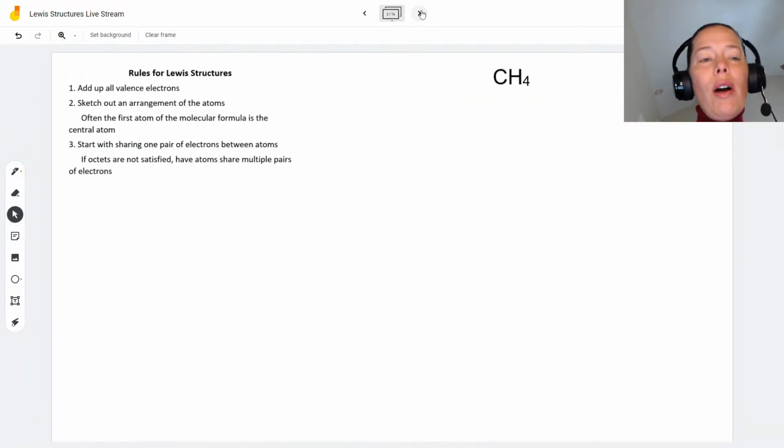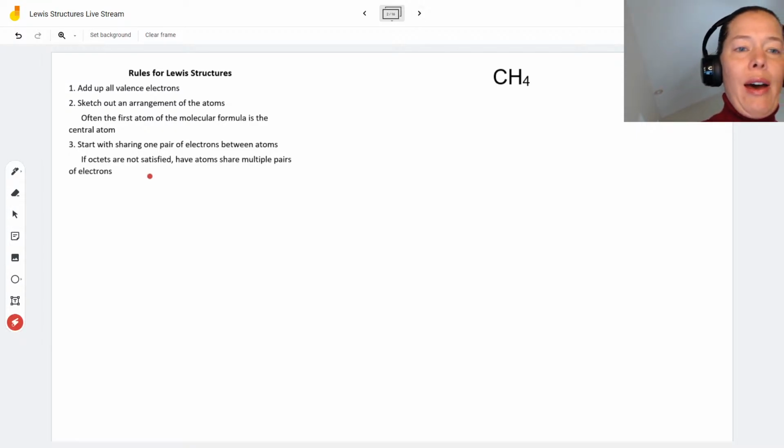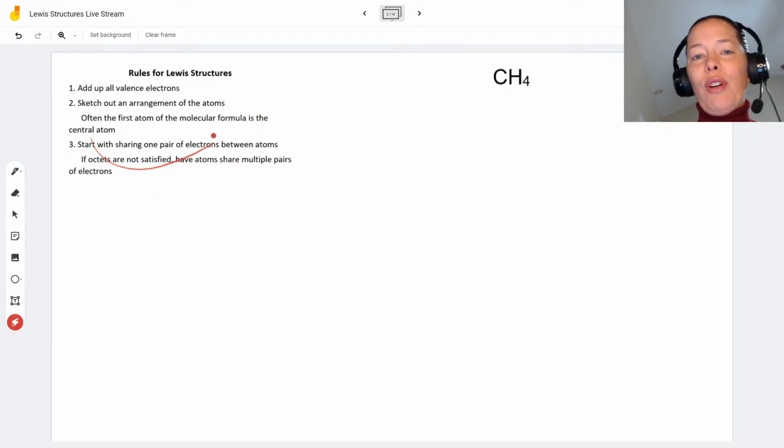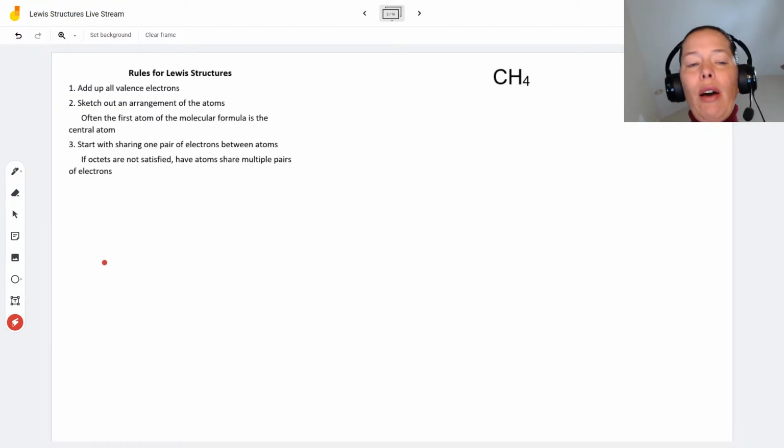Okay, so on each slide here, I am going to have the rules for Lewis structures, just so that they're always there and we can always refer back to them. These are the rules that I like to use that help me the most. You may find that you like to modify the rules just a little bit, and I'll show you how different people think about doing Lewis structures in different ways.